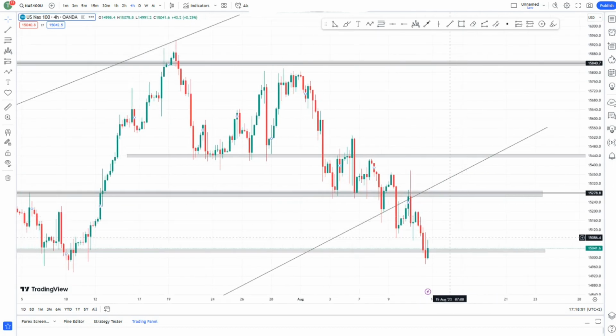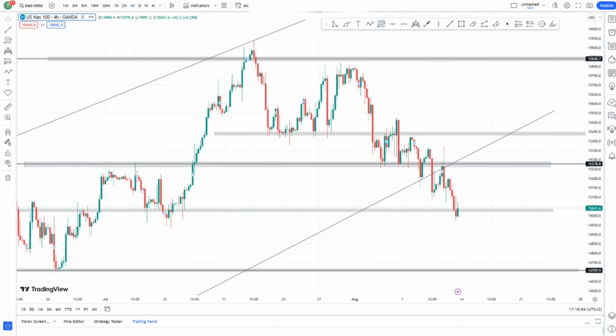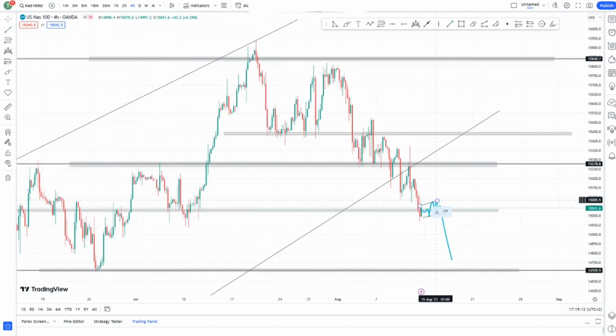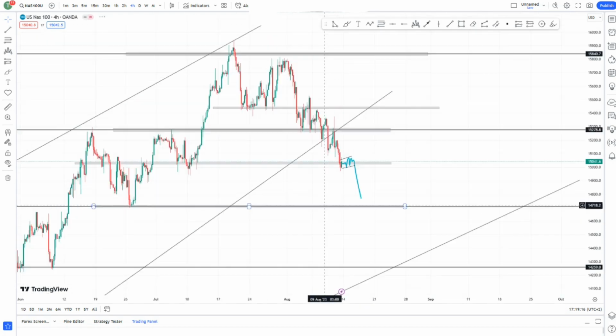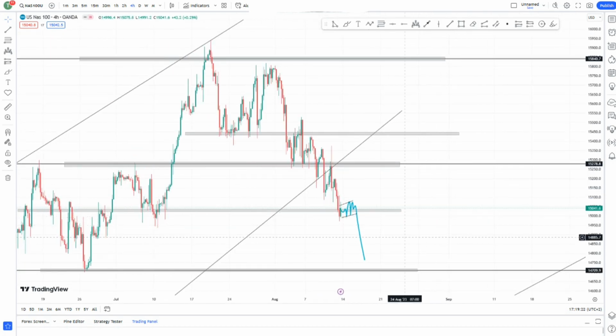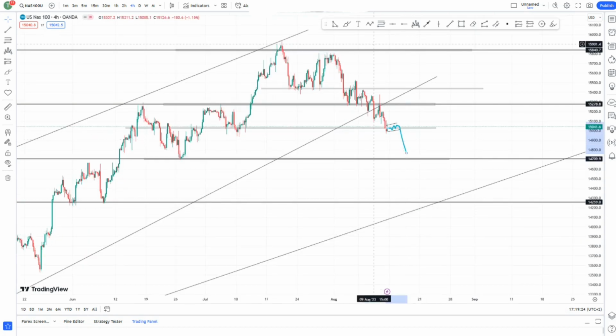So what I would advise right here is for you guys to wait for price to print a chart pattern, then you'd expect price to go down, right? You would expect price to go down after price has printed a nice rising wedge like that, right? So let me just remove that so that I can continue.